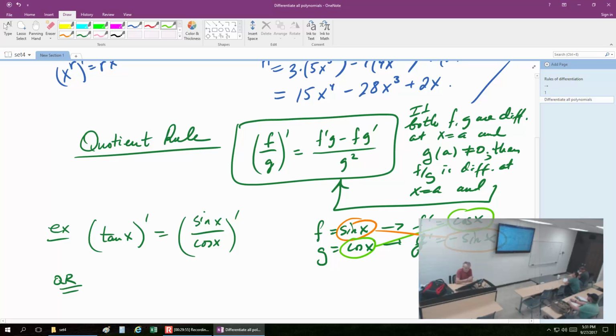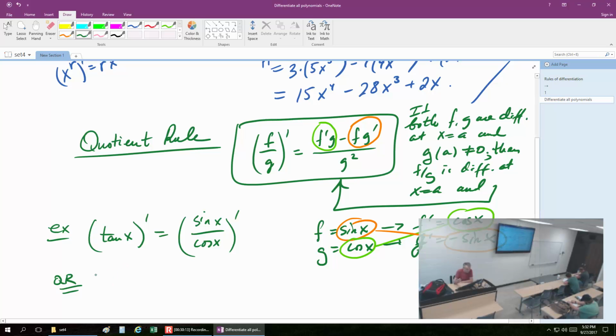That's what this is. Let me circle this. So once again, the first term is this, and the second term is that in the numerator.